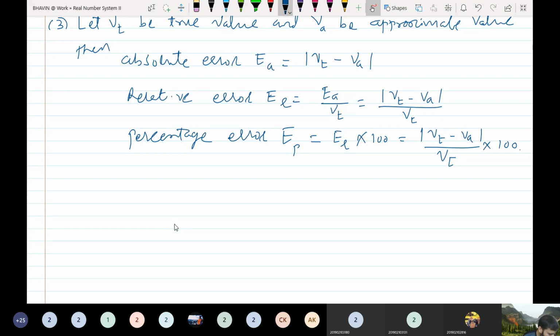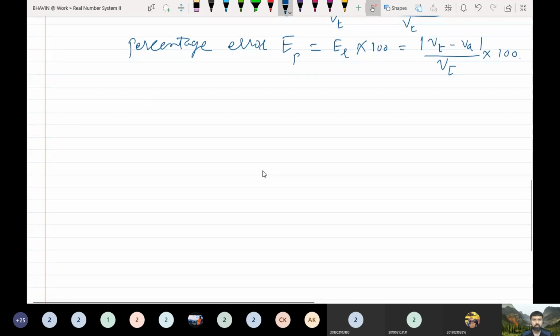So let us begin with an example, so you will get a precise idea. So the first example is this.